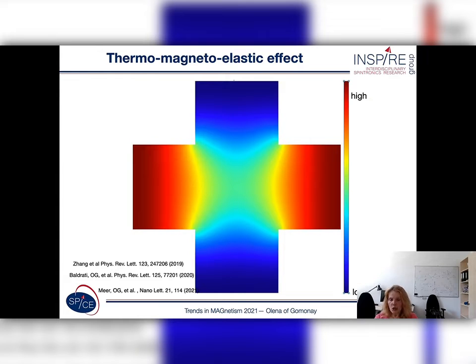So let's look at the region of the sample where the temperature gradient is relatively large.